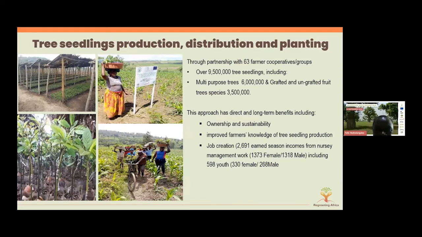It has also helped to create jobs, where we have men and women involved in nursery management. It also promotes ownership and sustainability as farmers are doing the practice on their own with the capacity building from Regreening Africa projects.